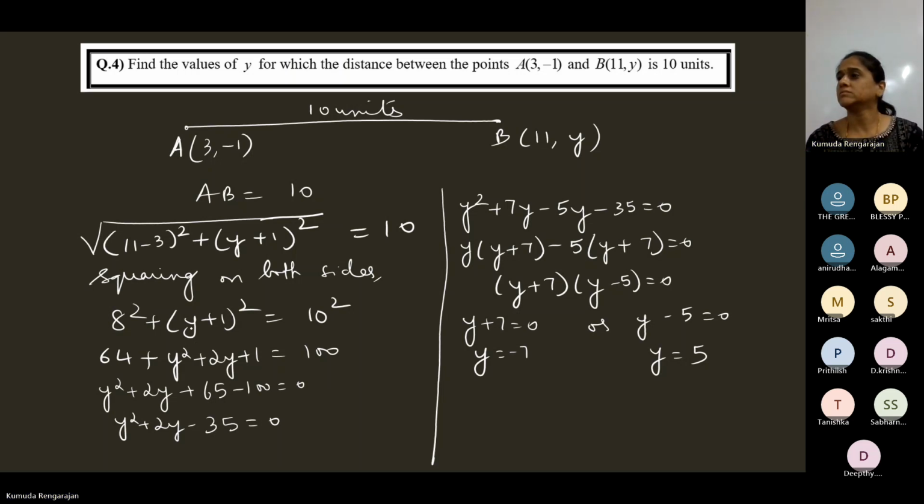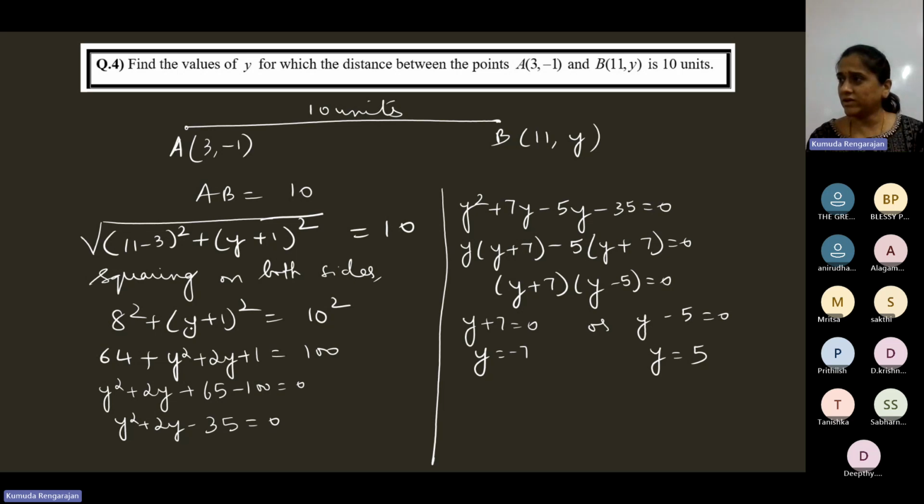Yeah. Next one. That one you didn't expand it correctly, y plus 1 the whole square.